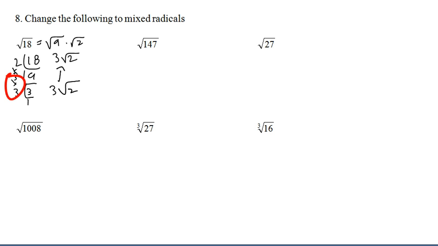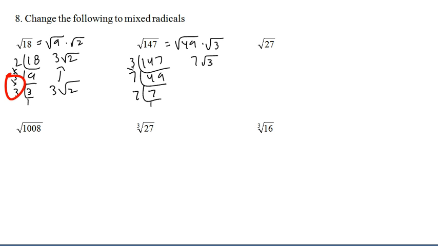Okay, again, square root of 147 is the square root of 49 times the square root of 3, or 7 root 3. Or you can break it down. Can't divide by 2, I can divide by 3, I get 49. Can't divide by 4, 5, 6. I can divide by 7. That gives me 7.